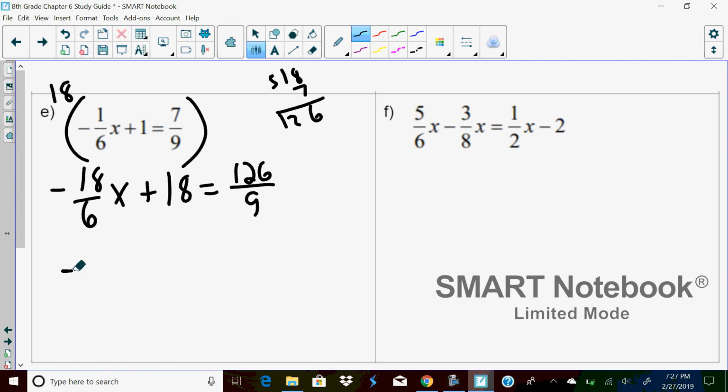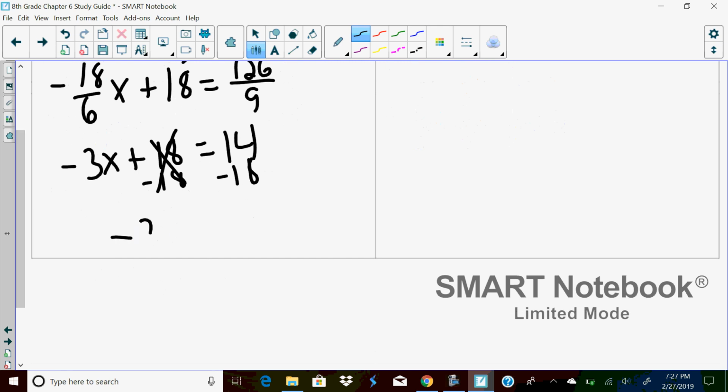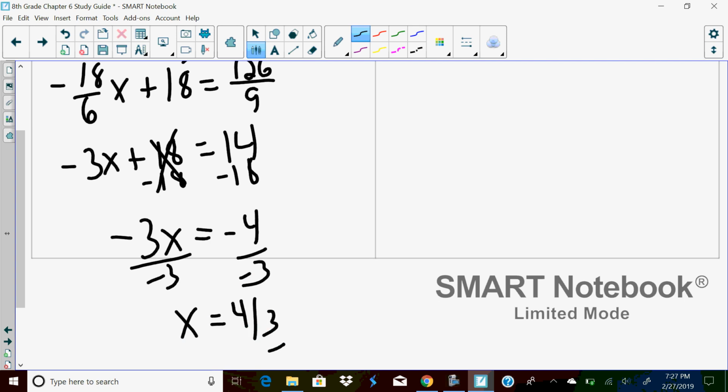So I'm going to get negative 3x plus 18 equals 14. Subtract 18 from both sides. So I'm going to get negative 3x equals negative 4, divided by negative 3. So x equals, negative divided by negative makes it a positive, 4/3.